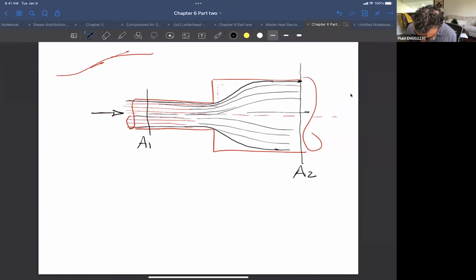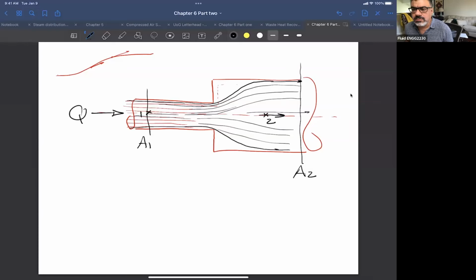We know that this Q here, let me ask you, at point 1 and at point 2, is the flow rate different? Is Q1 equal to or different from Q2? Why is that?